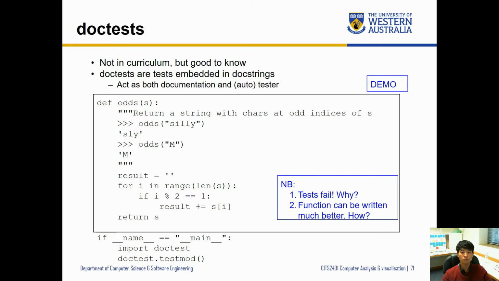For example, you can specify the documentation, so this is the docstring, but you can also specify, okay, execute this code for this function, and then type in some expected output. Then when you call doctest in test mode, it's going to execute this code to see whether what you have written here is true or false. Okay, so let's have a quick look at that.